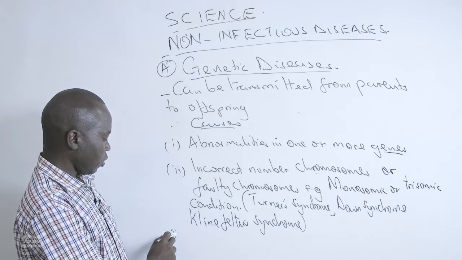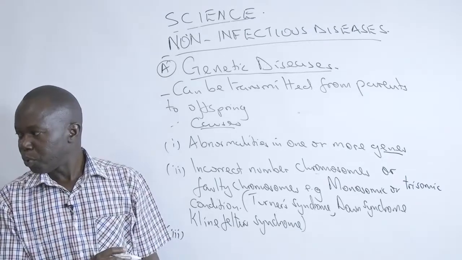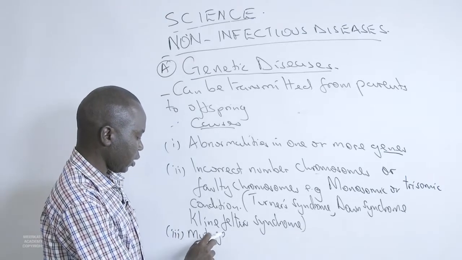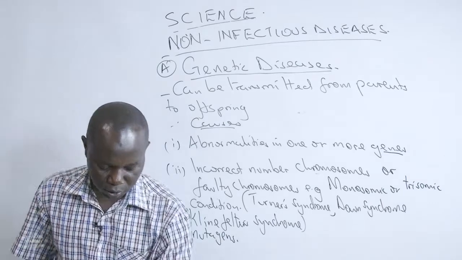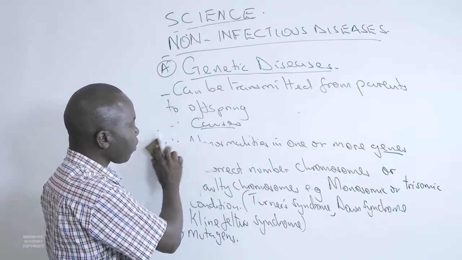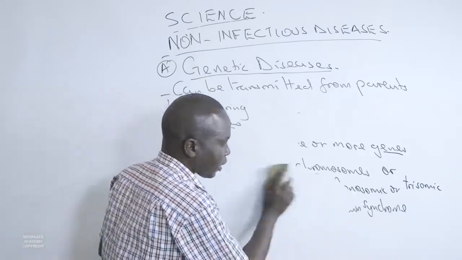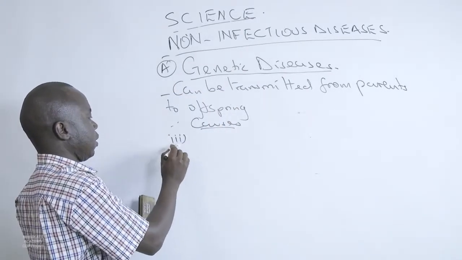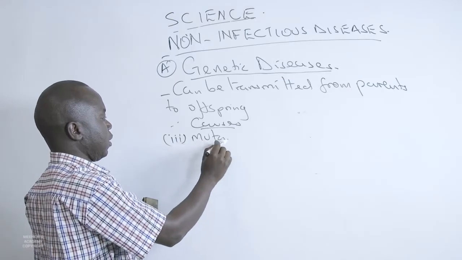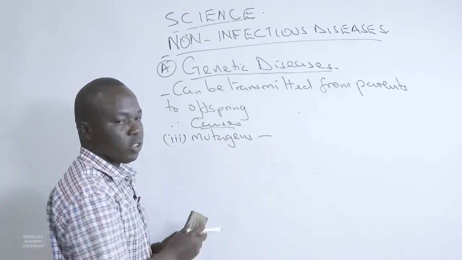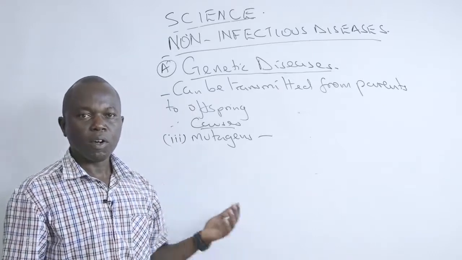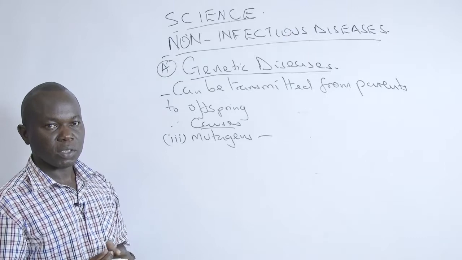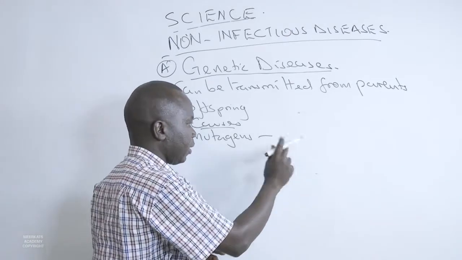And then also due to the presence of mutagens. So we can briefly look at mutagens. What is the meaning of that? Mutagens are chemical or physical agents that cause mutation of DNA.